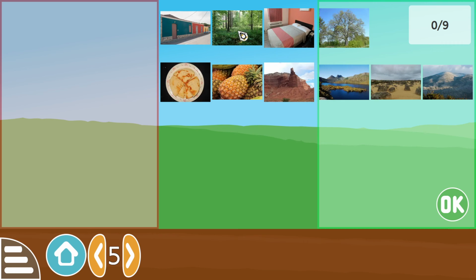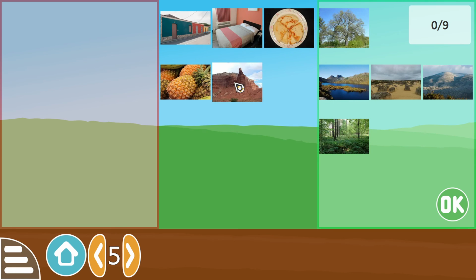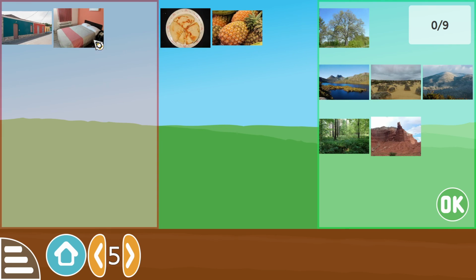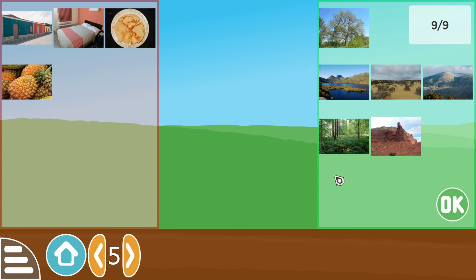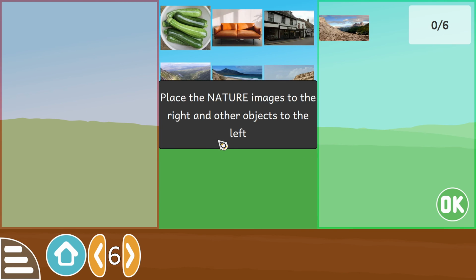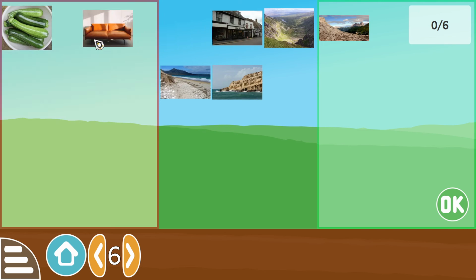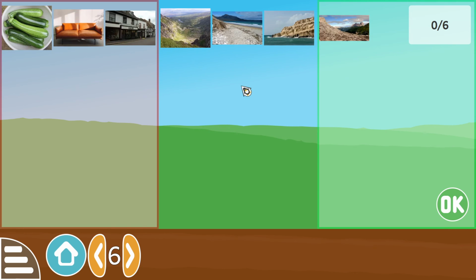A hillside, a forest, and outcrop in the desert are nature, but the building, bed, food, and pineapples aren't. Let's remove the vegetables, sofa, and building off first.